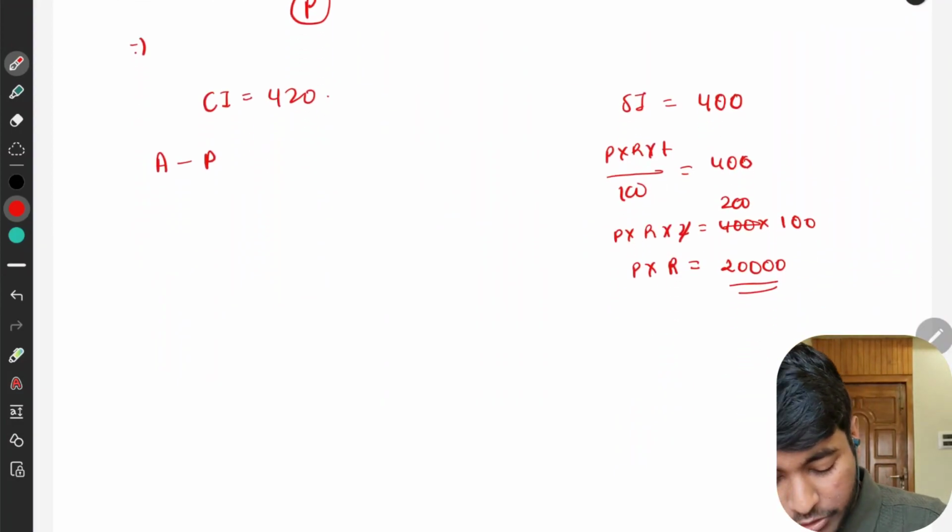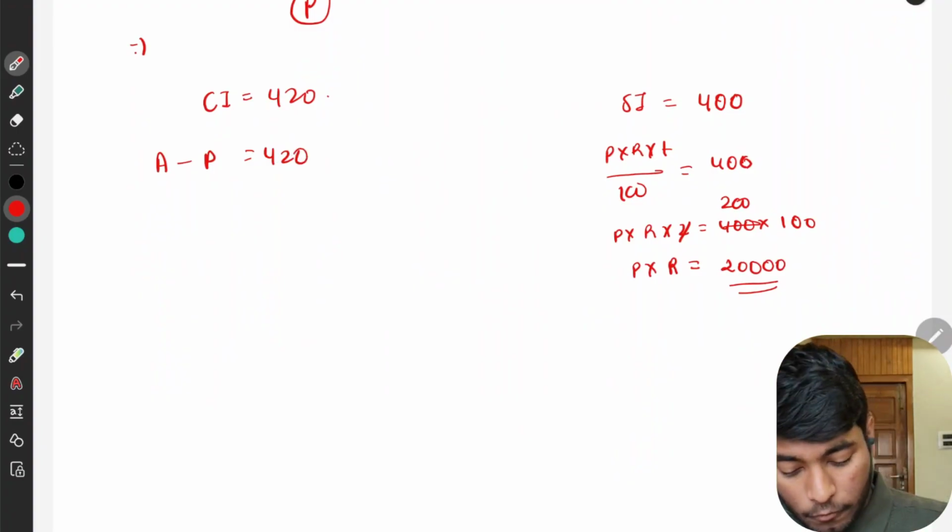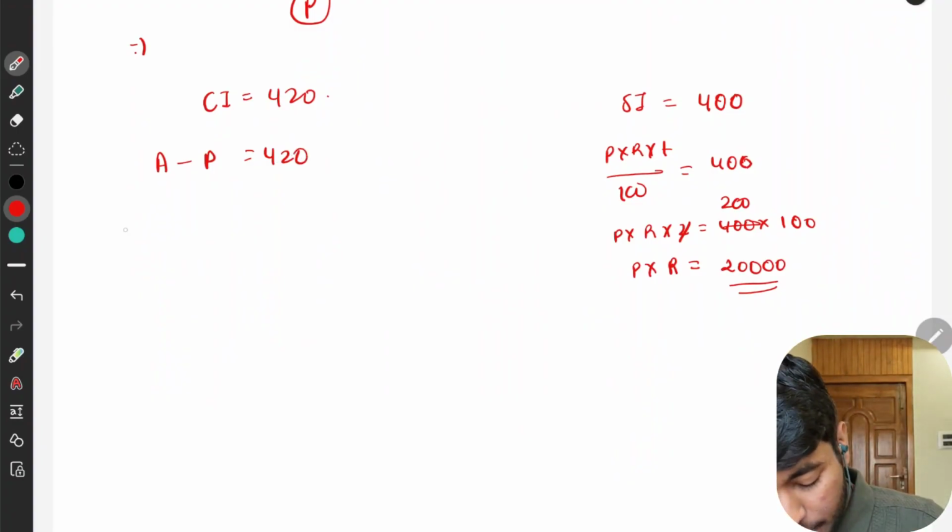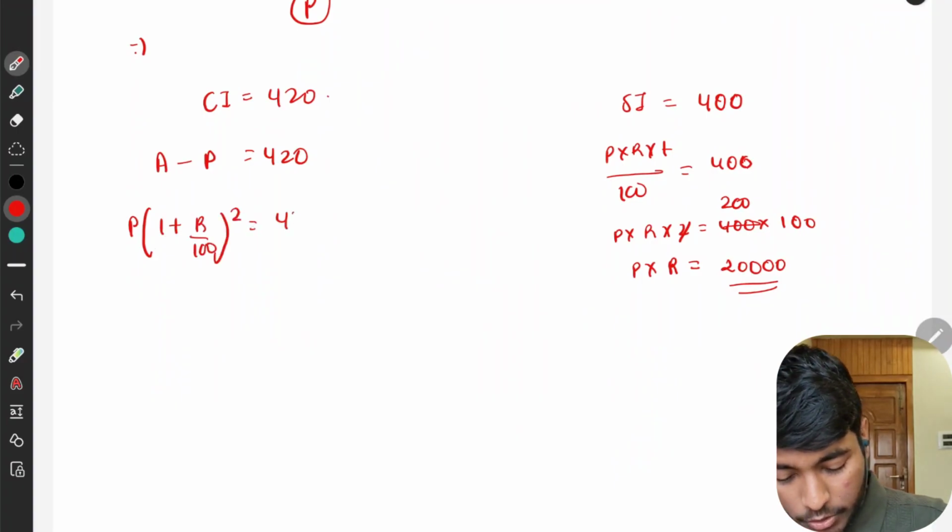What is A minus P? In this particular question, A minus P is equal to 420. So what is A? P into (1 plus R upon 100) whole squared is equal to 420. I have no other option, so instead of solving this all, I can simply take P into (1 plus R by 100) whole squared, using (a plus b) whole square equals a square plus b square plus 2ab. This is equal to 420.